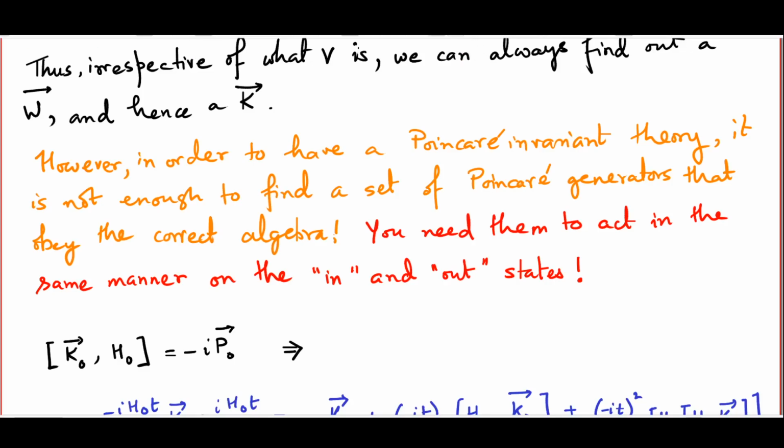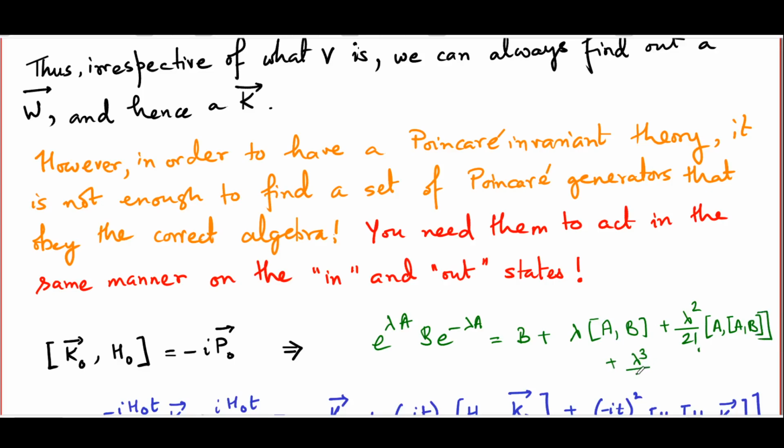What we need to use next is something called the Baker-Hausdorff lemma, and it's basically a relationship which says that e to the lambda A B e to the minus lambda A, where A and B are operators, can be written in a rather simple infinite expansion, where the first term is just B, then the next term is lambda times the commutator of A with B, the next term is lambda squared by 2 factorial times A's commutator with the commutator of A with B, that is a double commutator.